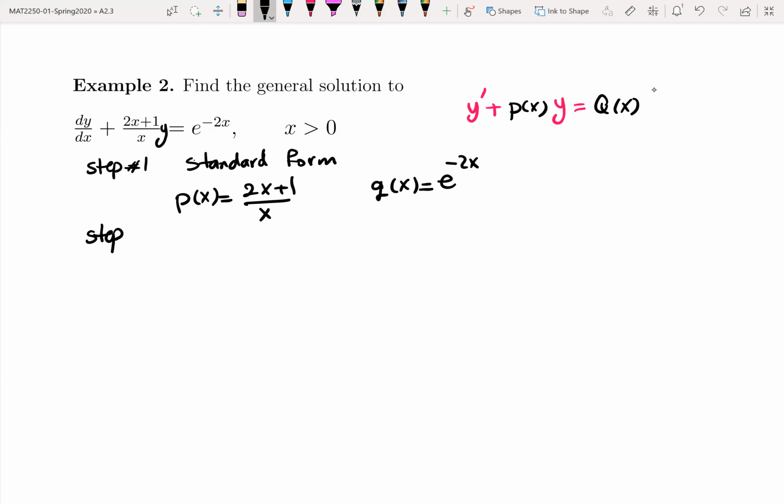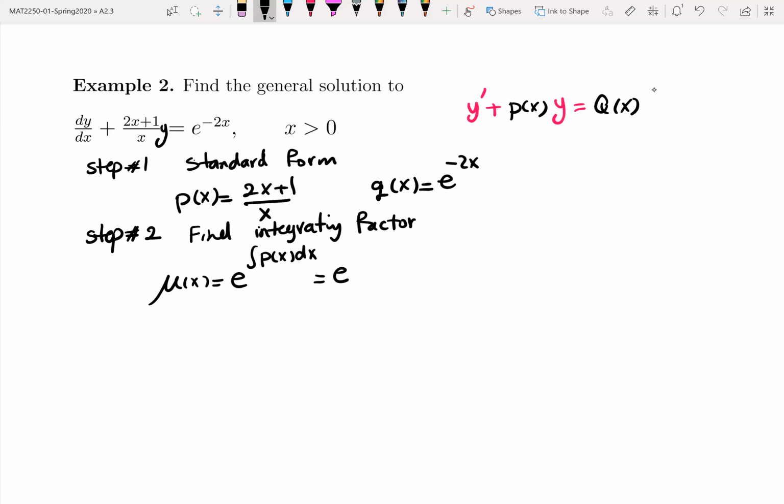Step number 2 is to find the integrating factor, the extra factor that I need to multiply to be able to integrate. However you want to call it, I or mu, it doesn't matter. The formula is e to the integration of P(x) dx. So e to the integration of (2x plus 1) divided by x dx.